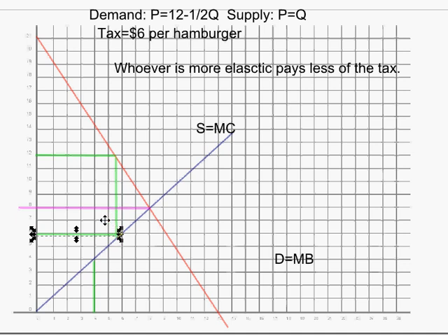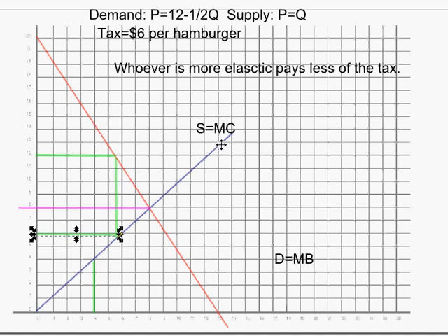And so here the tax incidence, the consumers are paying more of the tax than the suppliers are, because the demanders are more inelastic now than the suppliers. Now, elasticity and slope is not the same thing, but they are related by that formula, 1 over the slope times P over Q. So as your slope gets steeper, your elasticity goes down, and you become more inelastic, and you're going to pay more of the tax.